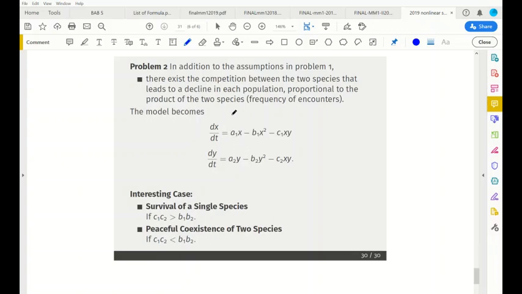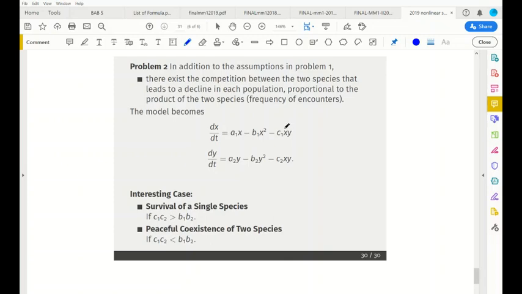So now if we consider the third assumption, there exists competition between the two species. It leads to decline in each population, proportional to the product of the two species' frequency of encounters. So this is represented for the x species. It leads to a decline, so that's why we have negative c1 here. Competition here is between two different species.